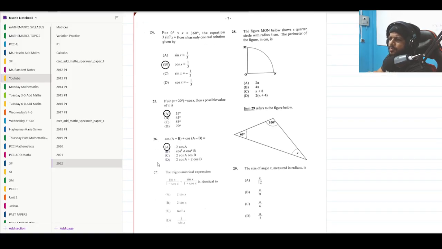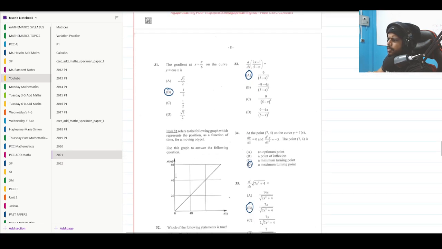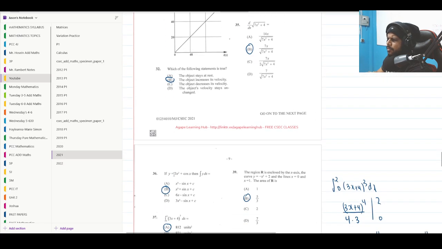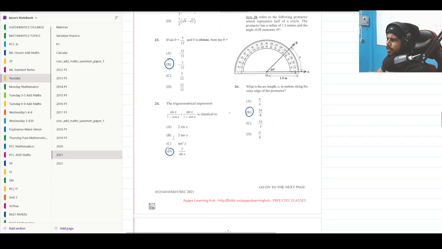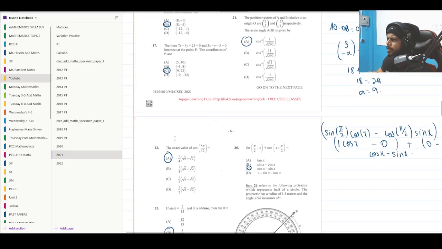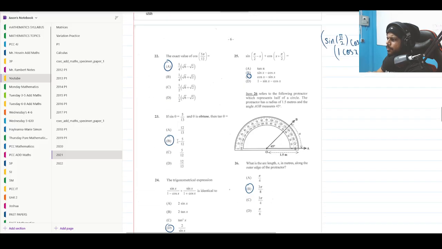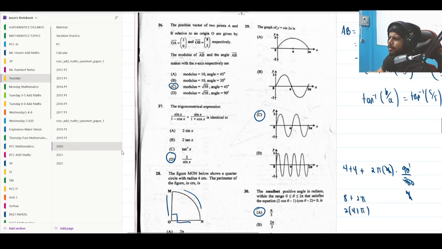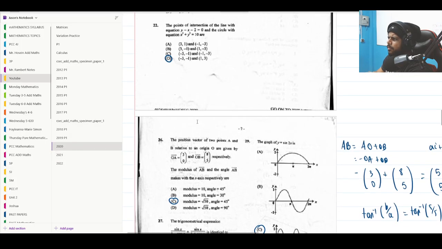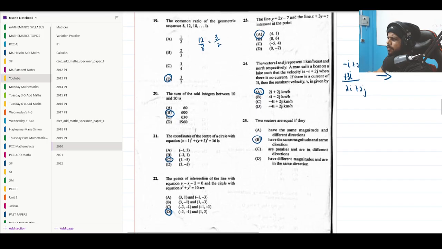This one was cosine of 2A. Let me check and see if I did the solutions for this one here. Okay, where is the double angle formula for this? 2021 didn't have a double angle. Oh, it had a compound angle here. Where is the compound angle for this one here?